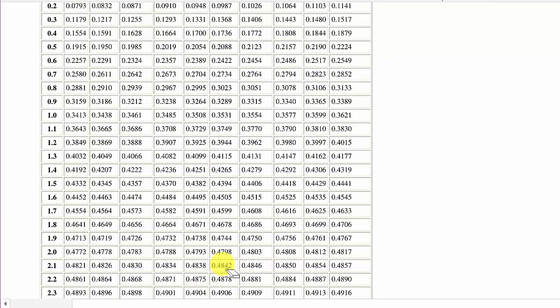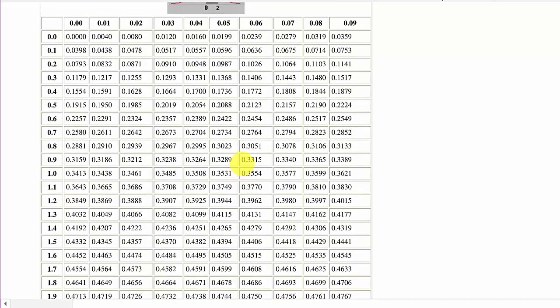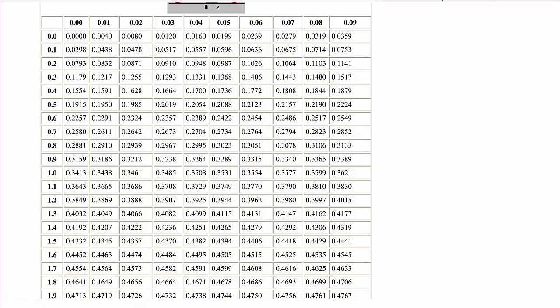So let's look up the 1.78 first. The 1.7, and then there's the column with the 8. So that is 0.4625.